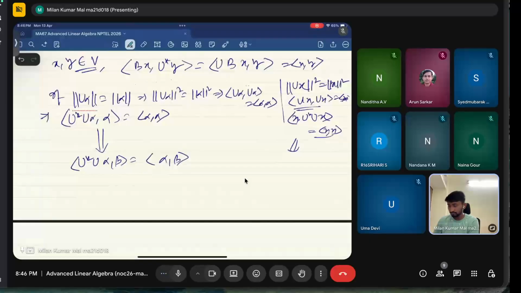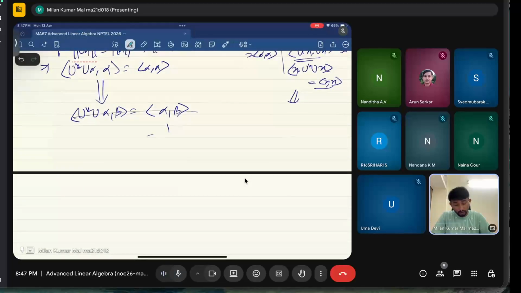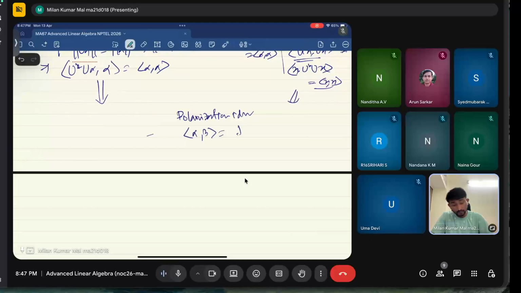So polarization identity says that for any two vectors alpha, beta, the inner product of alpha, beta is equal to 1 by 4 norm of alpha plus beta squared, if it is in the complex field, minus 1 by 4 norm of alpha minus beta squared, plus i by 4 norm of alpha plus i beta squared, minus i by 4 norm of alpha minus i beta squared. That is the polarization identity.